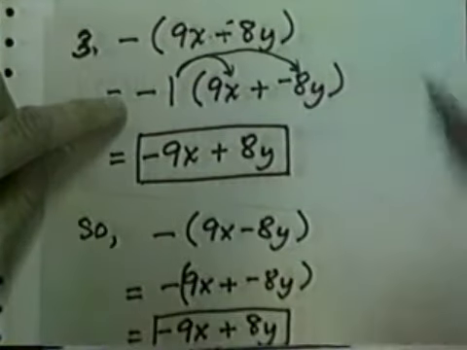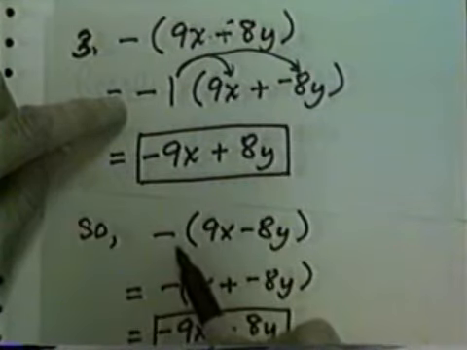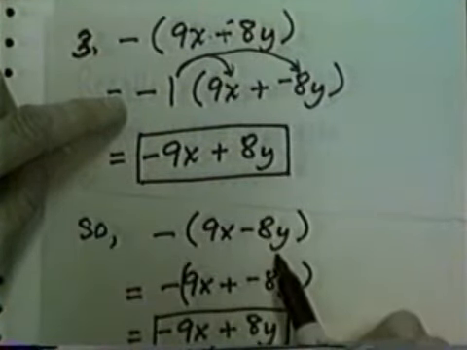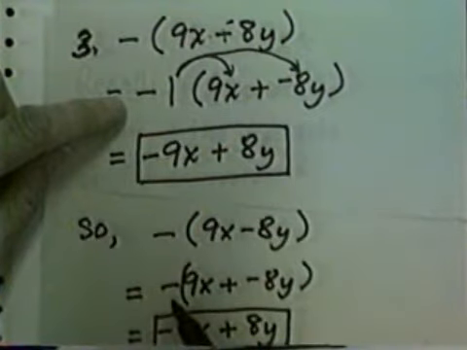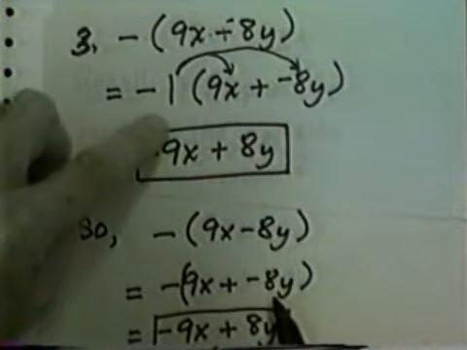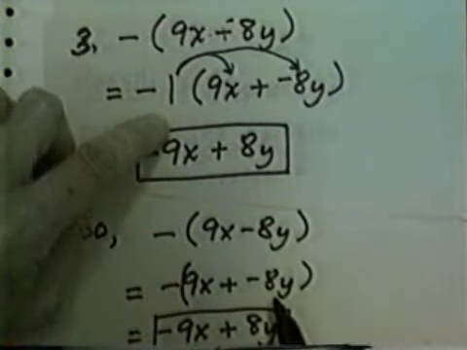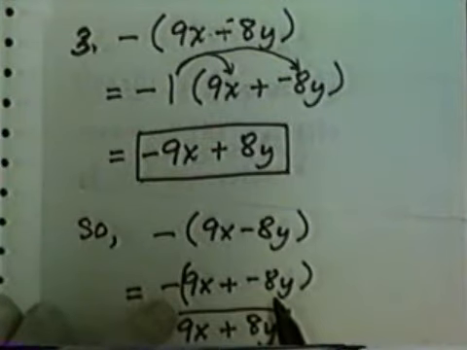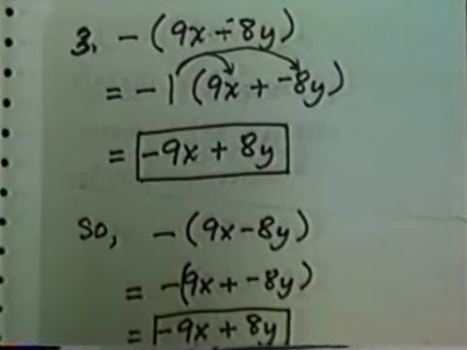The alternative version is that the minus sign before 9x minus 8y means the opposite of 9x plus negative 8y. Either use the negative 1 coefficient or use the opposite. Either way, our result is the same, negative 9x plus 8y.